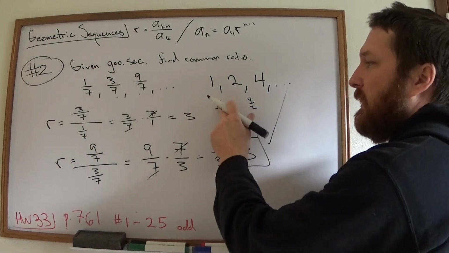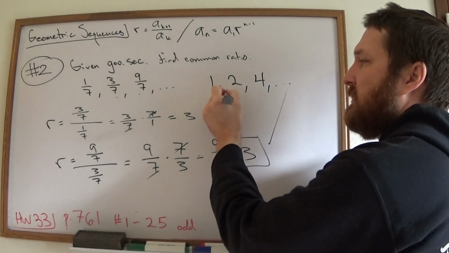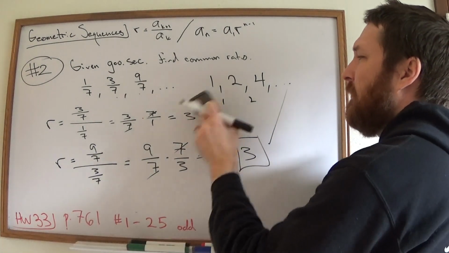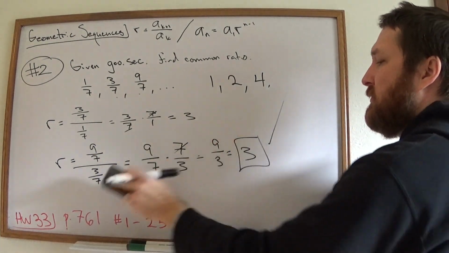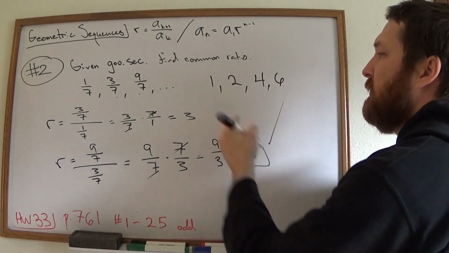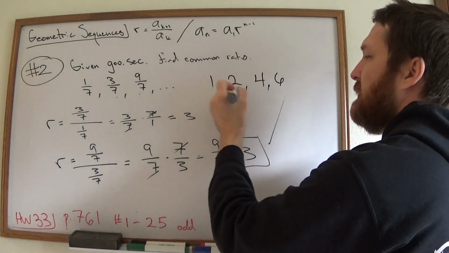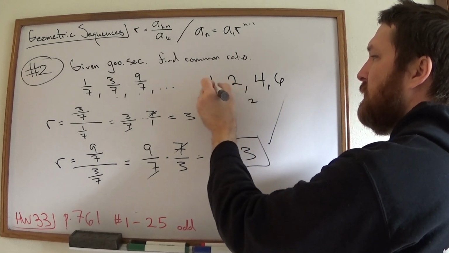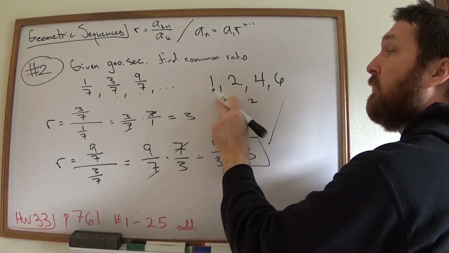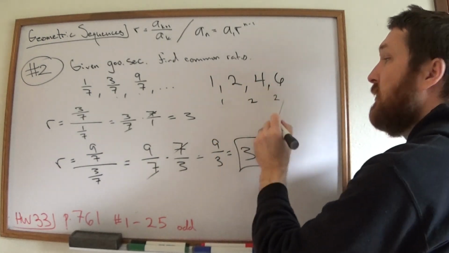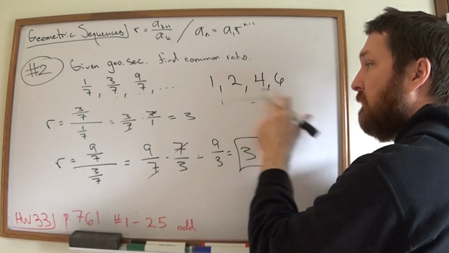It couldn't be arithmetic, because the difference here is 1, the difference here is 2, so you say, oh no, that's not arithmetic. But I might give you something like this, 1, 2, 4, 6. And you go, well, the difference here is 1, the difference here is 2, the difference here is 2. So it can't be arithmetic.